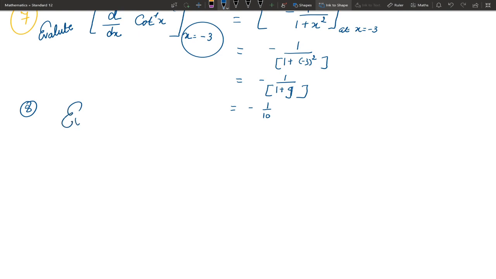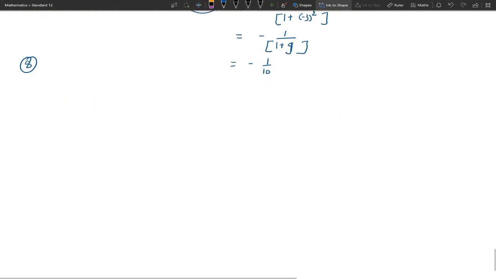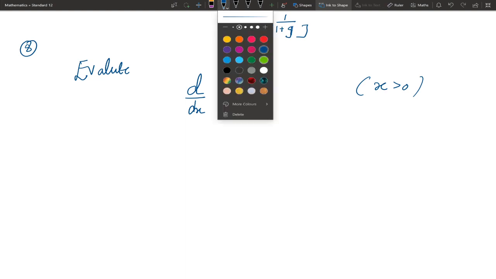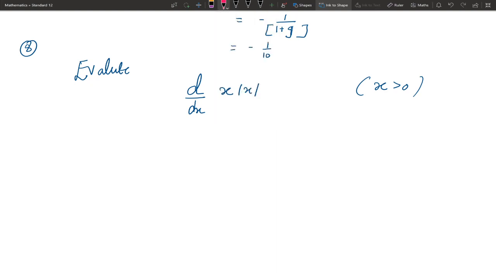Evaluate d by dx of x into mod x, x greater than 0. To evaluate this, you have to use the definition.